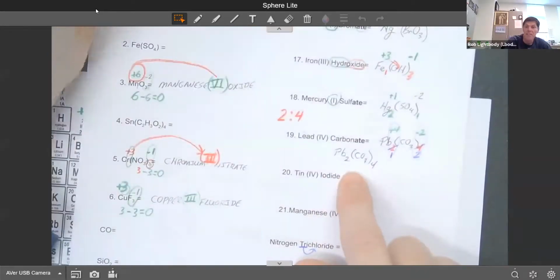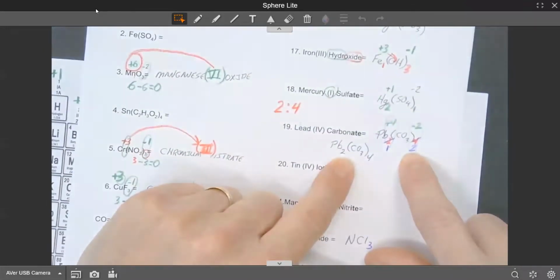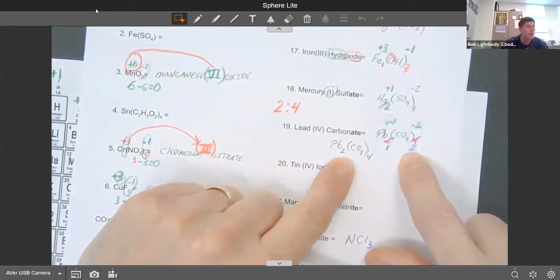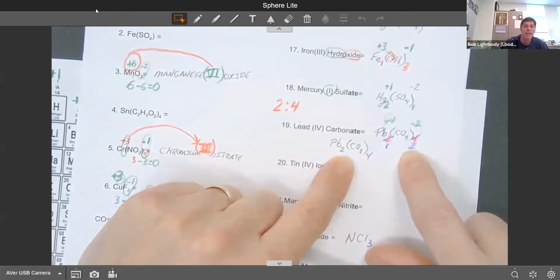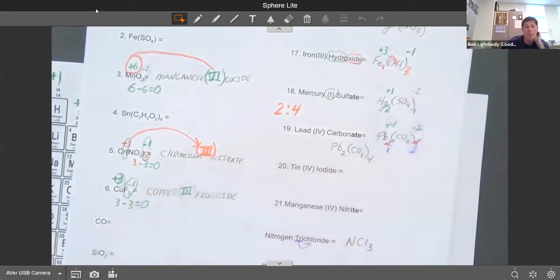If you would have had this instead of this, do you think they have the same mass? No. Automatically you've missed points and your answer is not going to be right. It's like if you forgot to put a 3 here, your mass is wrong. You've got to be very careful with this stuff, very methodical.